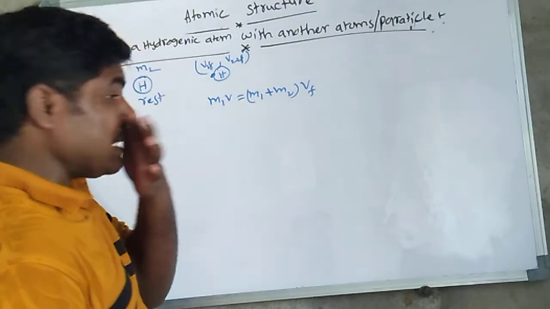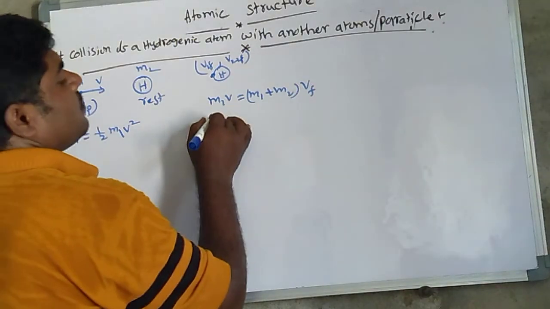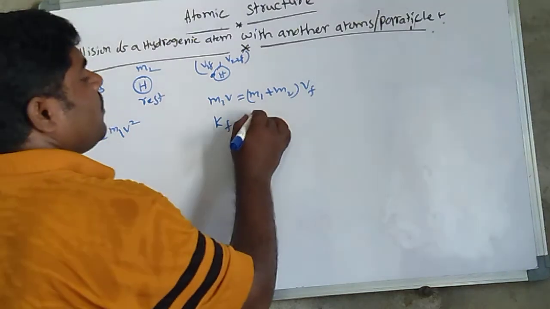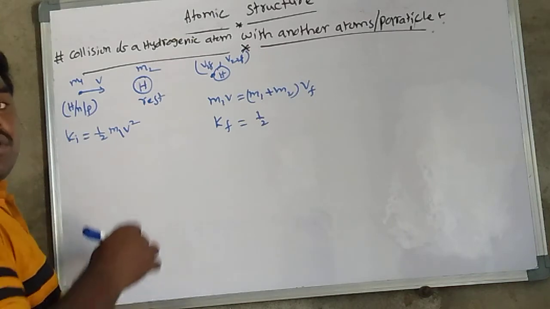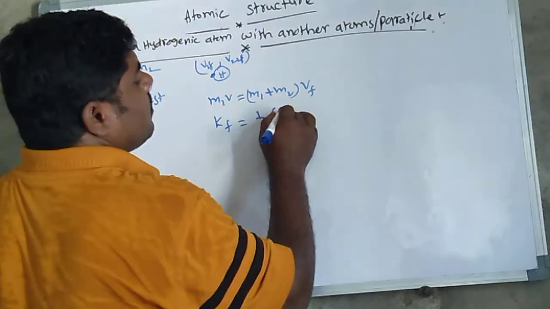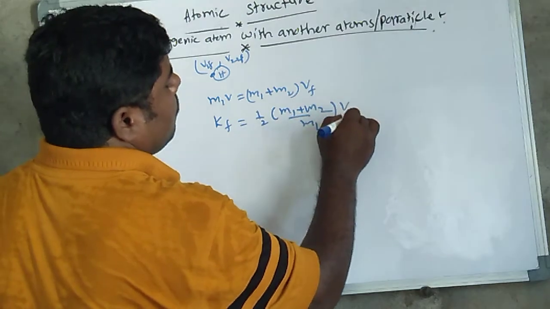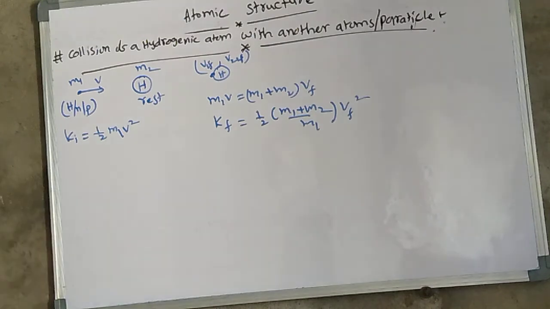This is the inelastic collision case. In this situation the final kinetic energy is half into m1 plus m2 into v final square. This is the inelastic collision.